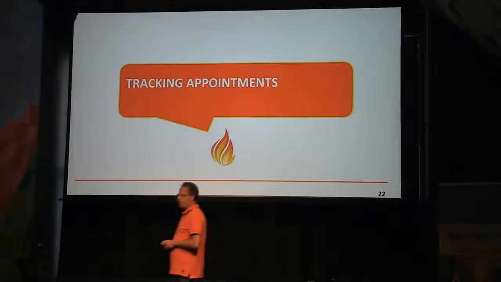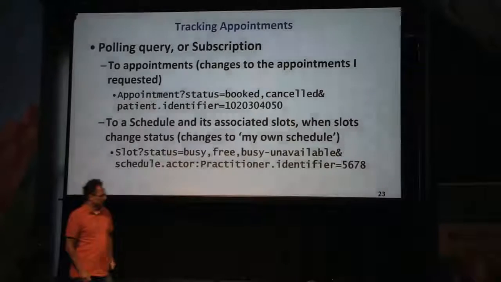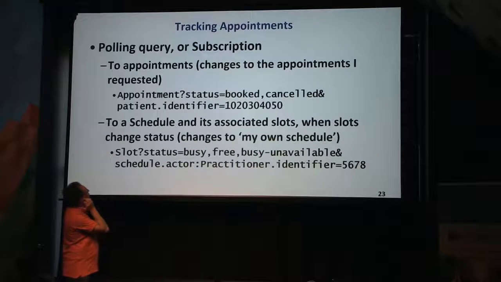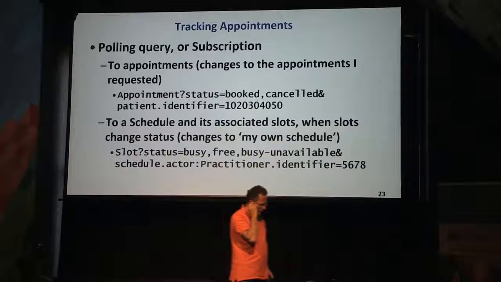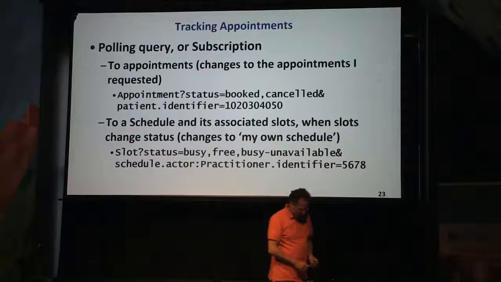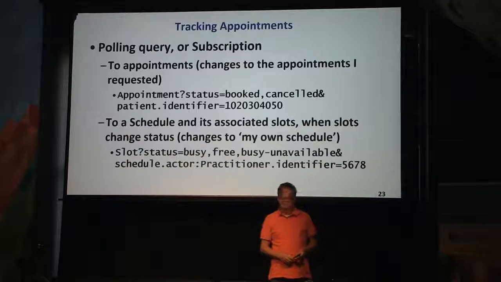Then we have tracking appointments. So if we want to do tracking, again via polling or subscription, to get hold of the details. For example, the top one is to find all appointments for a particular patient that have the status booked or cancelled. So this would be relevant for a particular patient.